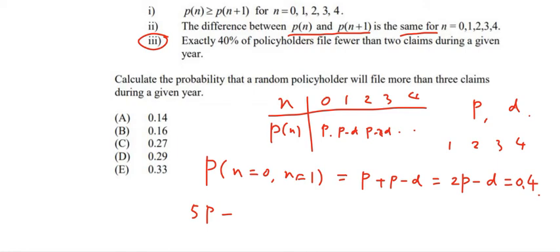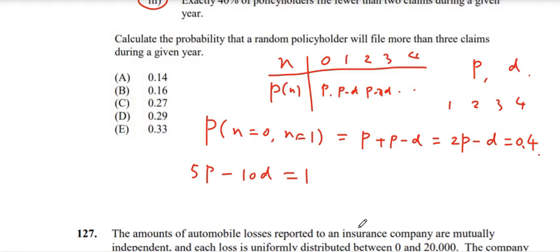So minus 10d equals 1. So we have these 2 equations: 2p minus d equal 0.4, and 5p minus 10d equal 1. So we can find p, we can find d, then we can find everything.